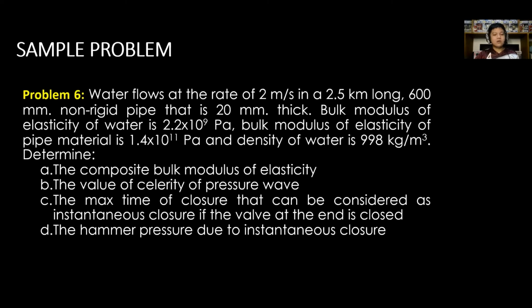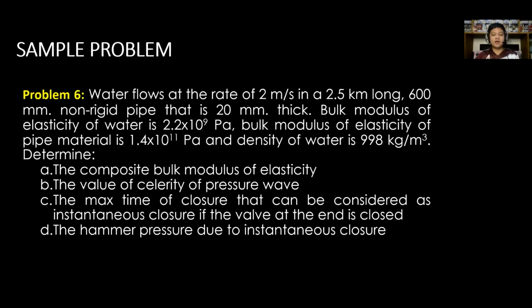So let us now consider problem 6 under our celerity of pressure wave. For this problem, water flows at a rate of 2 meters per second in a 2.5 kilometers long, 600 millimeters non-rigid pipe that is 20 millimeters thick. Bulk modulus of elasticity of water is 2.2 times 10 raised to 9 pascals.